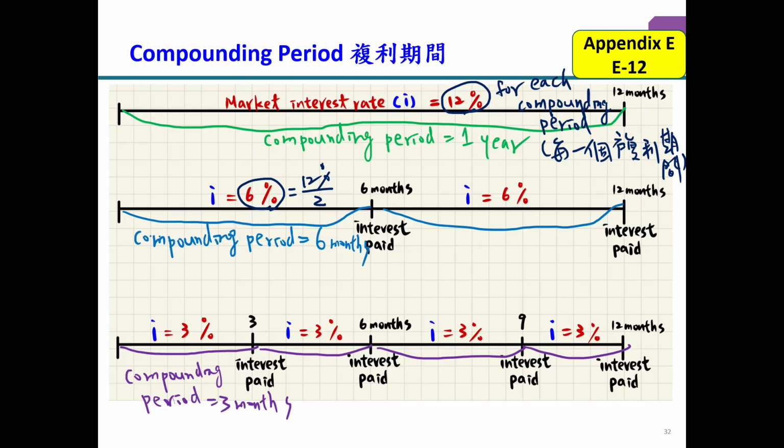Each compounding period, your I should be 3%, right? So what's 3%? It's 12% divided by how many times? Every 3 months, so it should be 1, 2, 3, 4. So divided by 4. So you have I of 3% for each compounding period, okay?